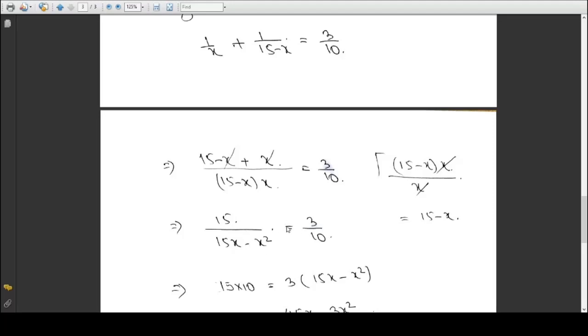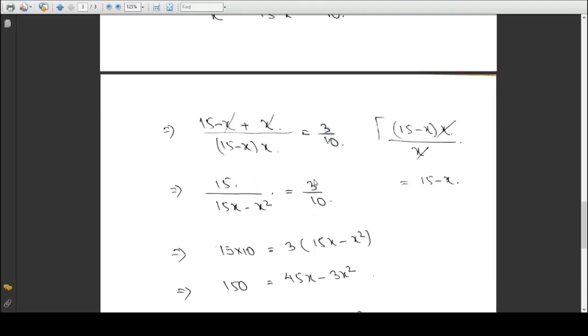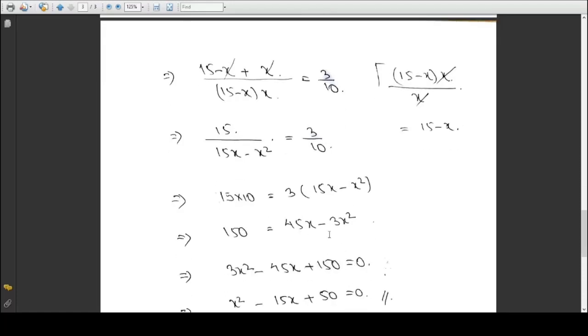Now we will do the cross multiplication. 15 multiplied by 10 on the right side, 3 multiplied by 15x minus x square. 15 multiplied by 10 is 150, 3 multiplied by 15 is 45, and 3 multiplied by x is 3x.